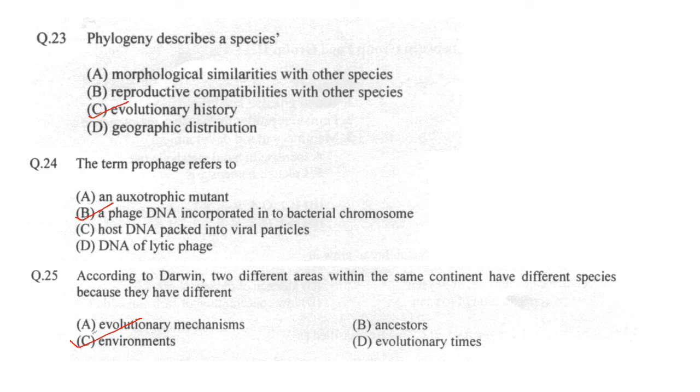So two different environmental conditions for the areas, and you will find two different species over such areas in the same continent. So options: evolutionary mechanism, C environments, B ancestors, D evolutionary time. Answer is option C, environments.